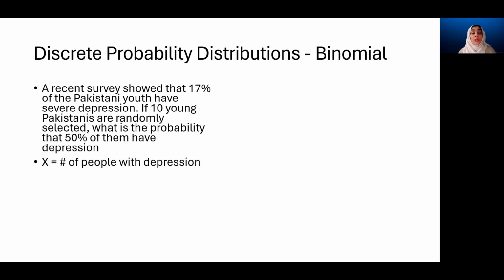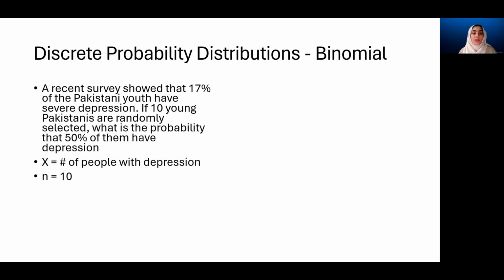We can model this as a binomial random variable, because any youth that we observe can have one of 2 outcomes: either he or she does have depression or they do not. So this is a success and failure criterion. Then the trials are independent, because whether a person has depression is independent of whether the earlier person that we asked had depression or not.